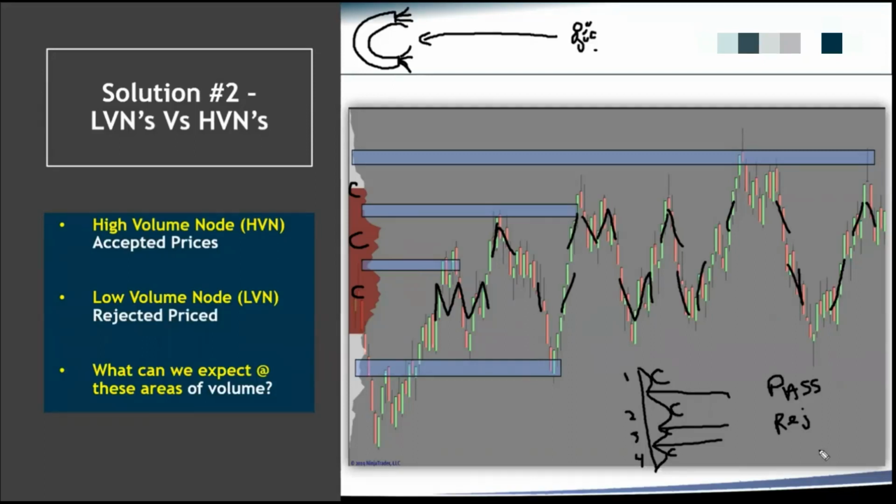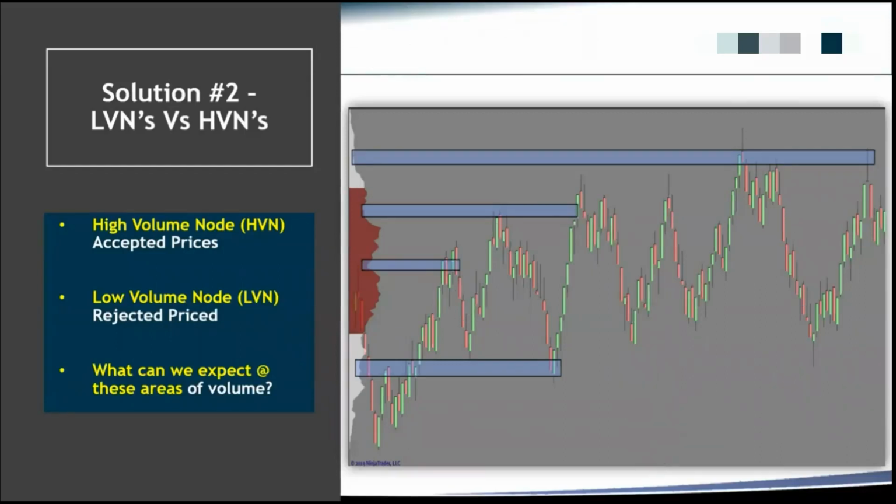But there's a 50-50 chance that either one of these could happen. So let me explain what that means. There's a 50-50 chance that this is either going to reject from here or trade through it to the next area. There's a 50-50 chance it can go either way.